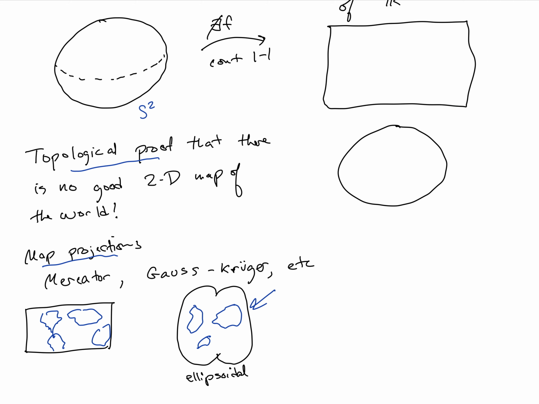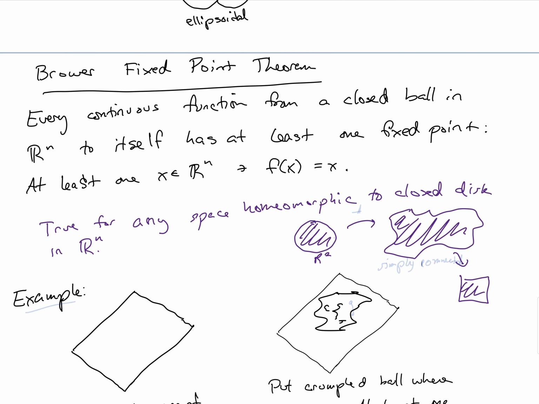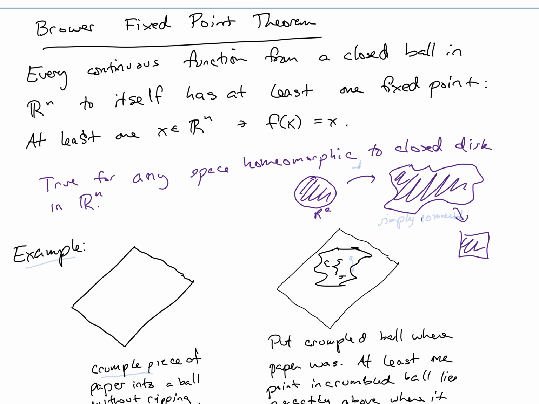Another neat topological theorem when we think about continuous functions in Euclidean spaces is the Brouwer Fixed Point Theorem. Every continuous function from a closed ball in R^n to itself has at least one fixed point. That is, at least one point x such that f of x is equal to x. And this is also true for any space that is homeomorphic to the closed disk in R^n.